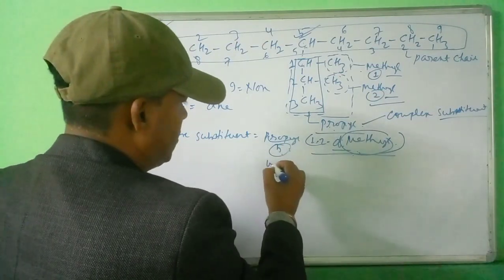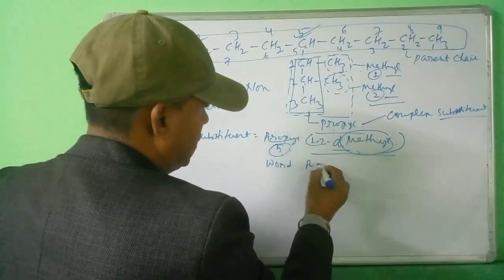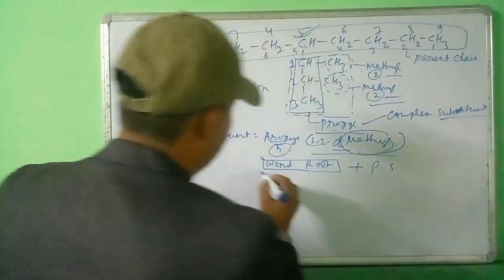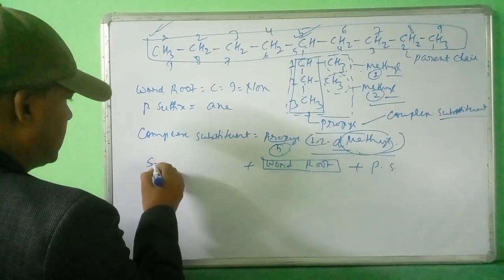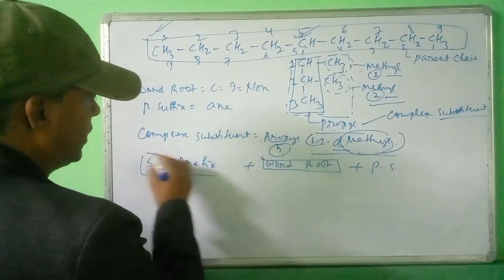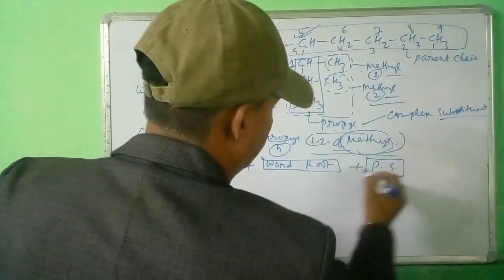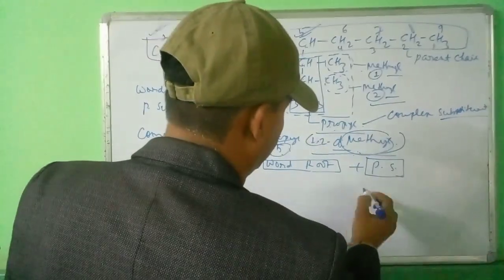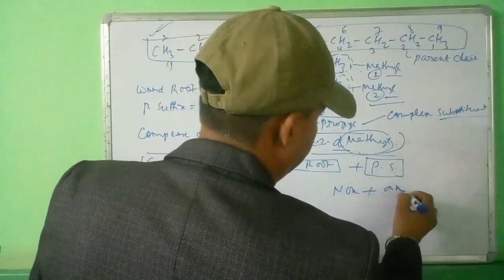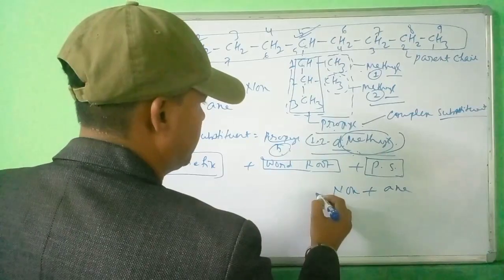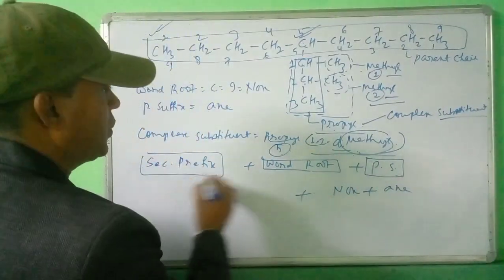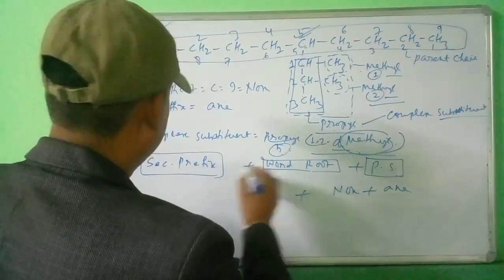So with the formula word root plus primary suffix, and the secondary prefix. Word root is non, plus ane is the primary suffix. Then before the word root, the secondary prefix.